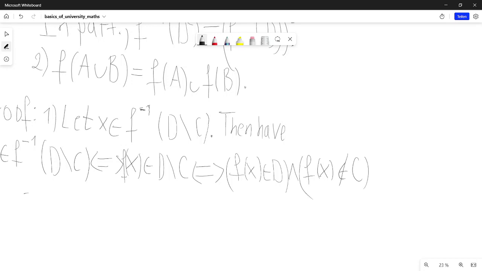But this is just by definition of respective preimages equivalent to x element of f minus 1 of the first set, and simultaneously x, of course, not an element of f minus 1 of c.